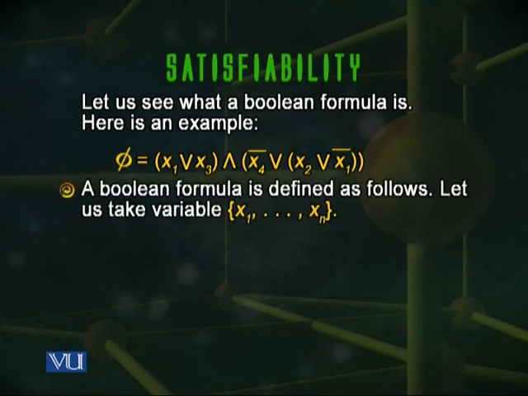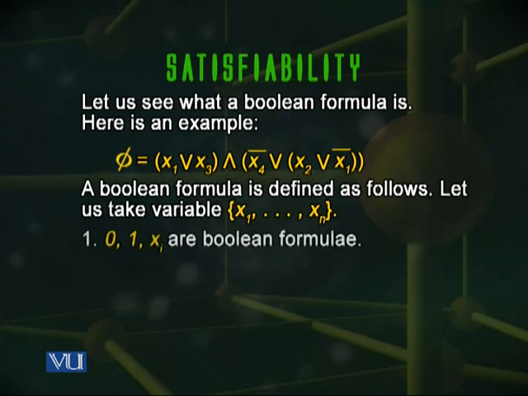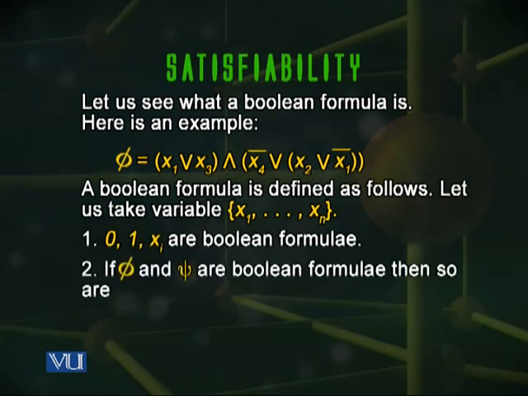Formally, we will define a Boolean formula as follows. Let us take n variables x1 up to xn. We will say that 0, 1 and xi are Boolean formulas, and then we will inductively define Boolean formulas by saying that if phi and psi are Boolean formulas, then so are phi and psi, phi or psi, and the negation of phi.